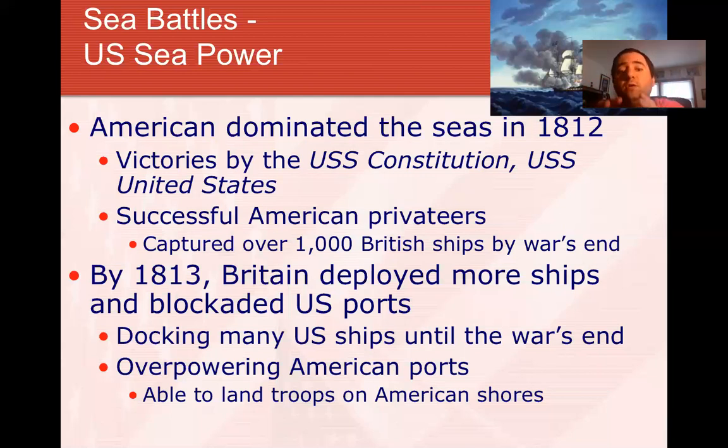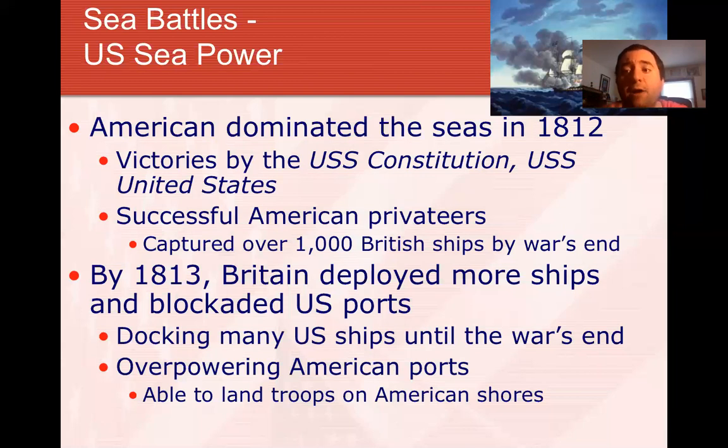Okay, if you're closing ports, Britain knows it can impact the United States. So Britain is going to blockade these U.S. ports. As a result, this docks many U.S. ships until the war's end.